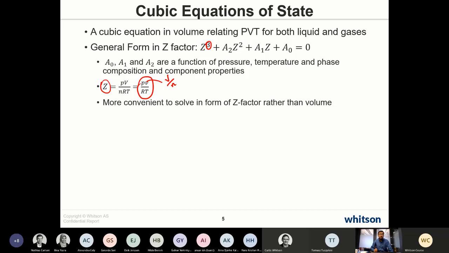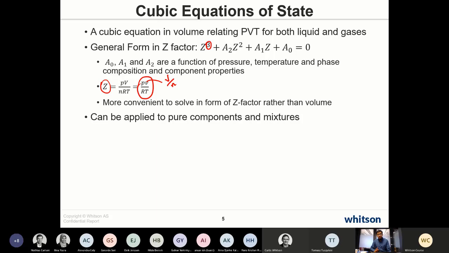Generally, the EOS models are written in terms of the Z factor, because when you solve them in any PVT package, you generally prefer to solve them in terms of Z factor because it's more convenient and more efficient. But when we discuss the different equation of state models, you will see that those are proposed in terms of the molar volumes, and then you can easily transform them into the Z factors for thermodynamic calculations.